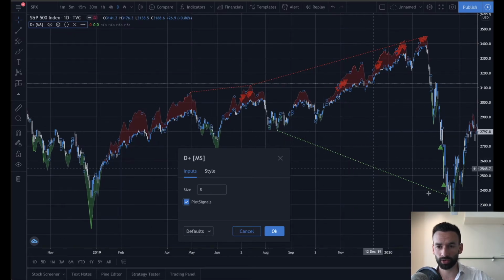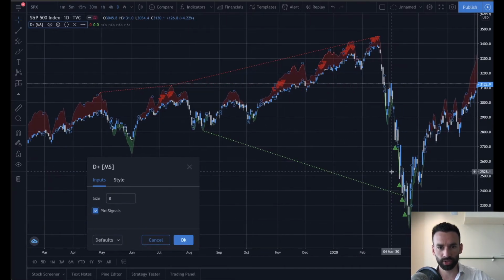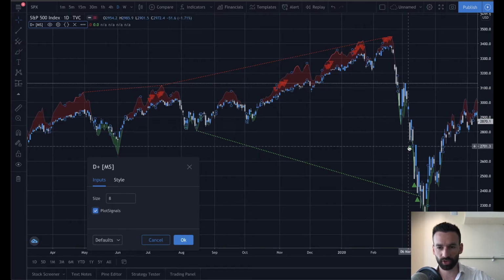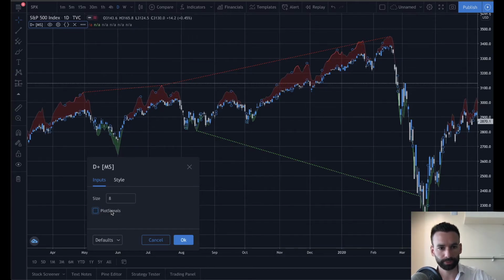Right here, there's one green line because this is the origination point of the divergence, what we're comparing against. It drew itself at this candle first, where this triangle is, and then it adjusted to this one, then this one, and then this one, and that's the last one you're seeing here. If you want to see every place where that happened, that's what plot signals is. We can turn that off and just see the divergence lines themselves.